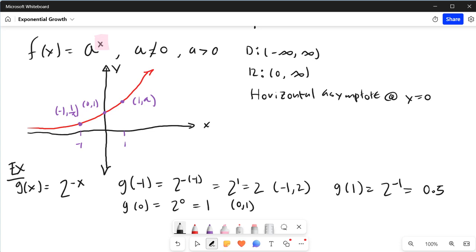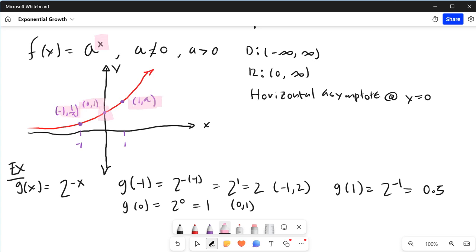Now, if you're thinking, well, these are the same key points, but just in the opposite order, that's true. This point over here appears to have moved over to the left-hand side, and the key point at 0 still stayed.